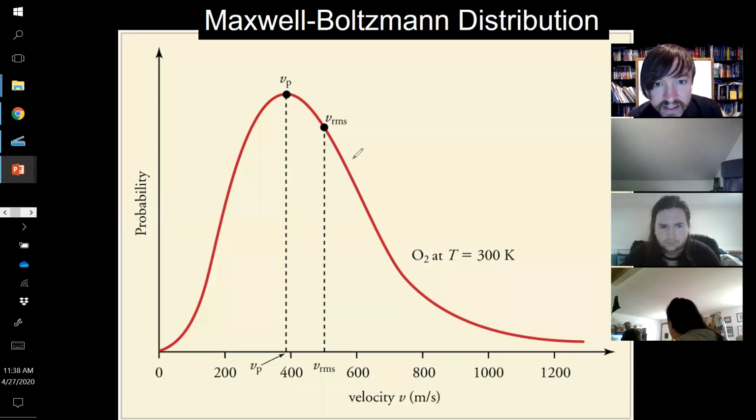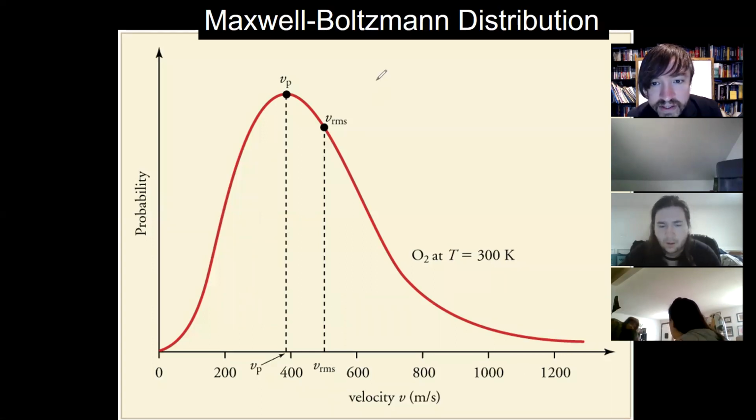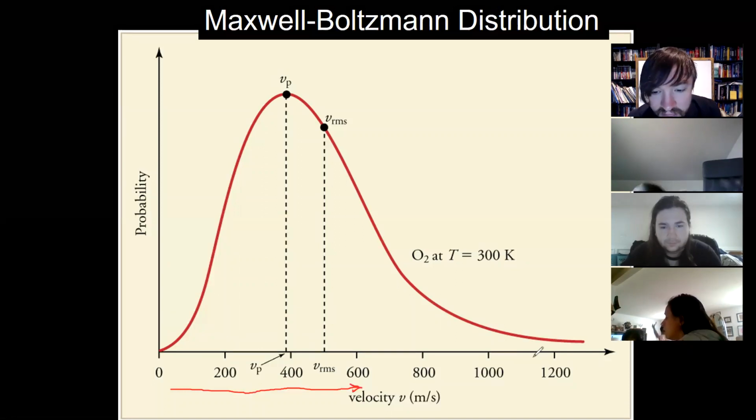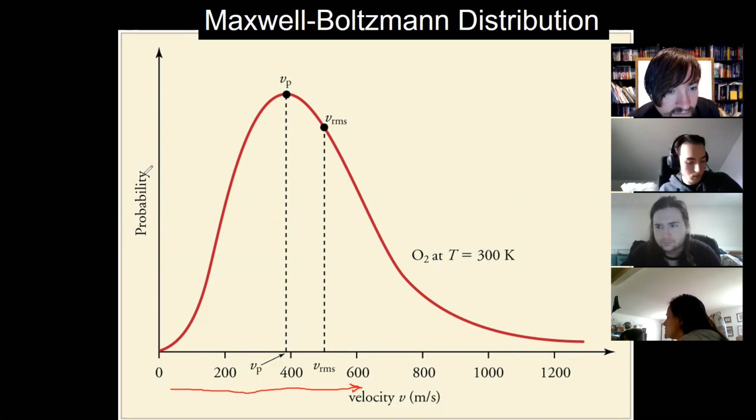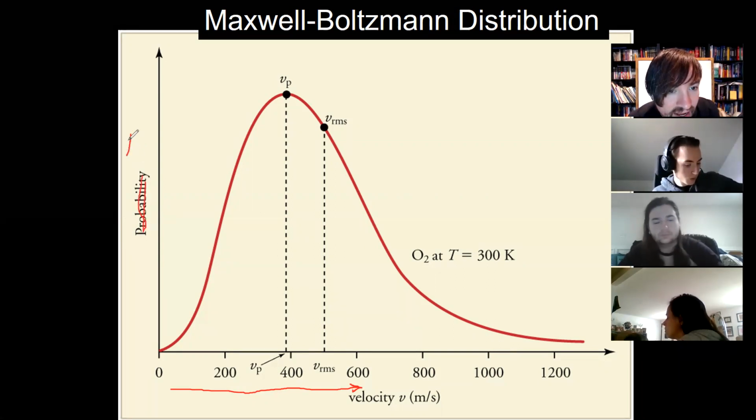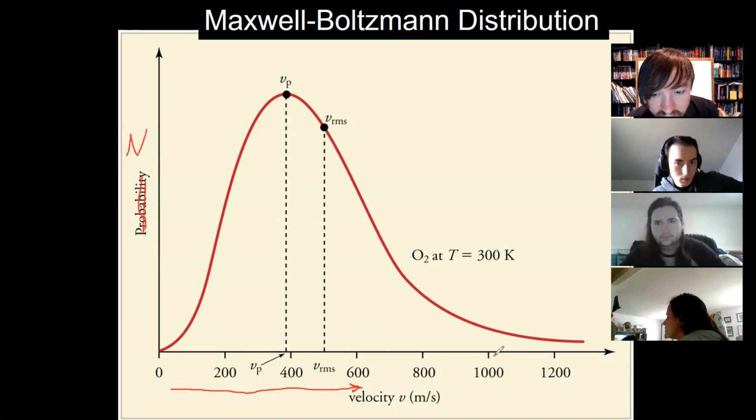On this axis, this is how fast the particles are moving. It's supposed to be plotted in bins, although I think they've made the bins quite small here. Instead of thinking about it as a probability, you should think of it as n, the number of particles that have whatever speed you see plotted on the x-axis.